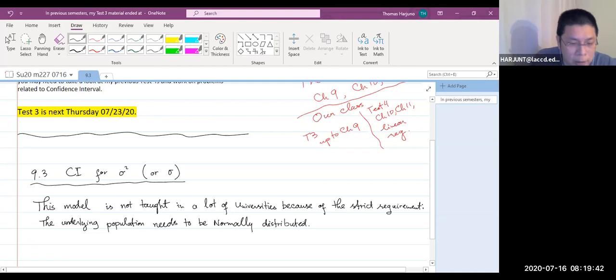And this model does not rely on central limit theorem. At least it's more than just central limit theorem.